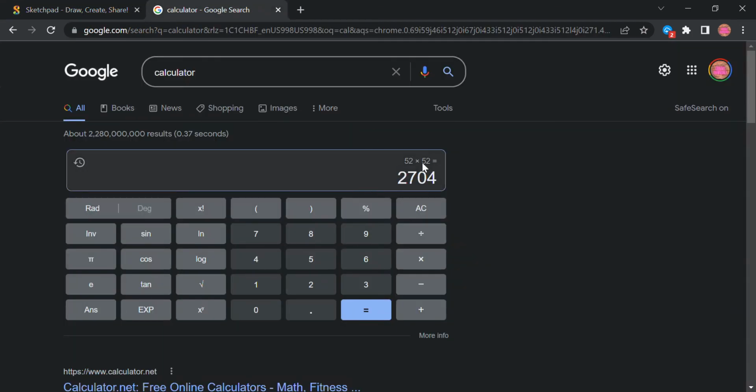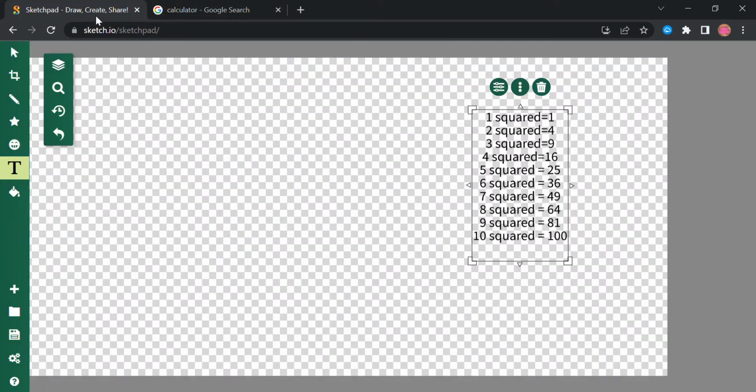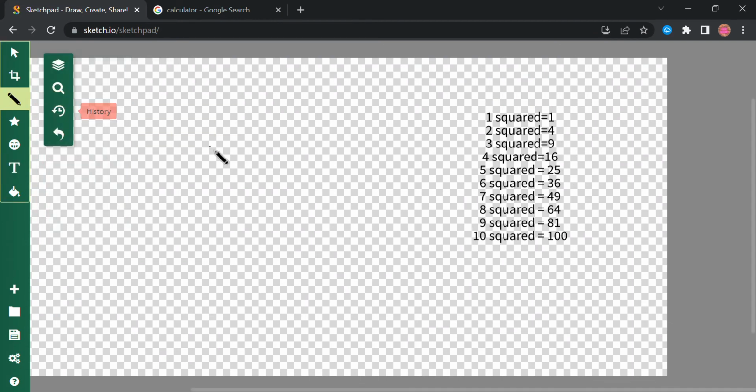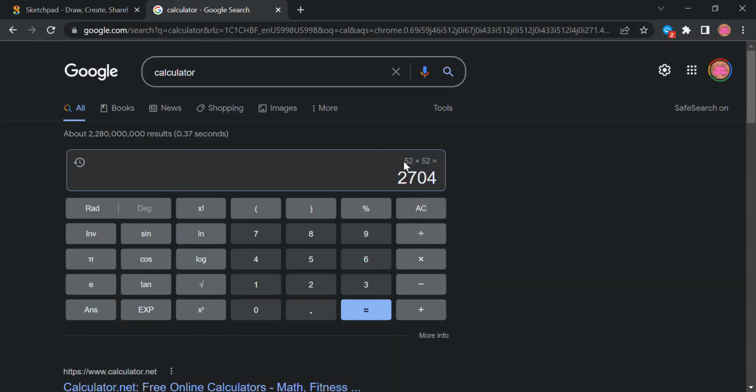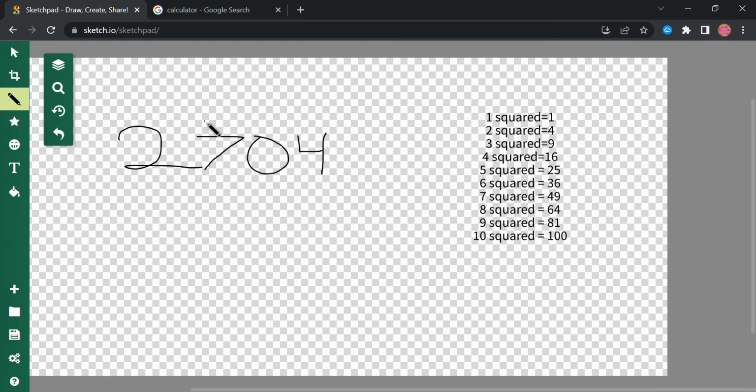So something, for example, is 2704, let's write that down. Now, we already know that the answer for the square root would be 52. But this is how we find it. The number 27, we have to break this up first.